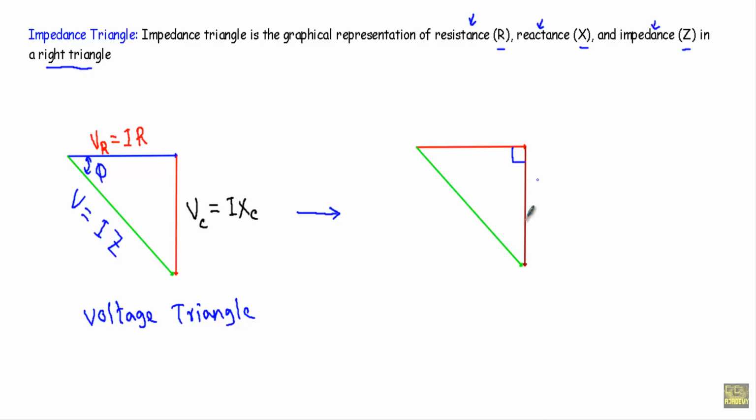This is the horizontal axis, this is the vertical axis, and this is the hypotenuse. In a right angle triangle, I will represent the impedance in the hypotenuse of the right triangle. I will represent the resistance R in the horizontal axis.